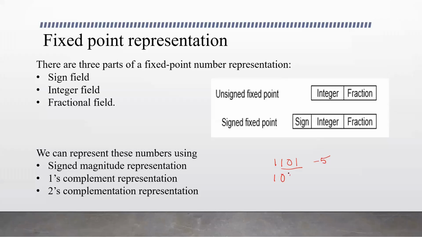Yes, 1010. This is the 1's complement representation of the given number. And the 2's complement representation is we add 1 to this, so it becomes 1011. So the number can be represented in any of these forms.